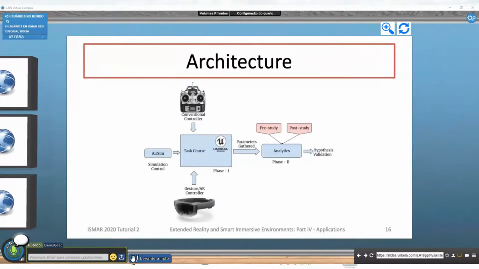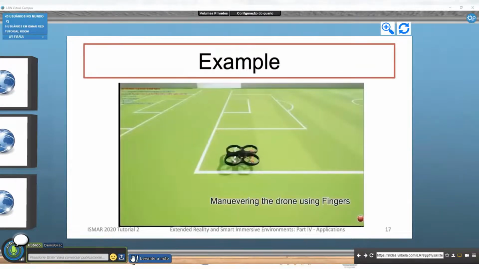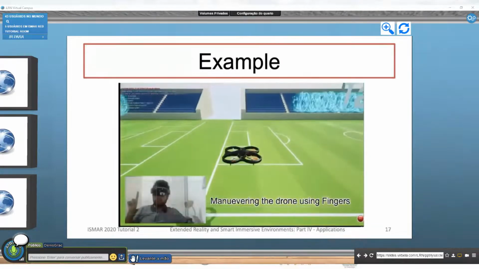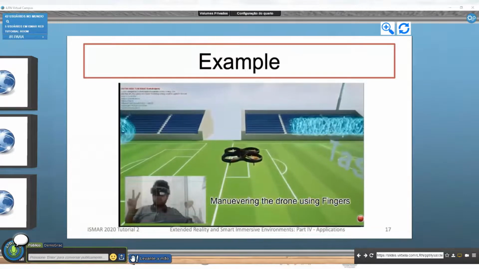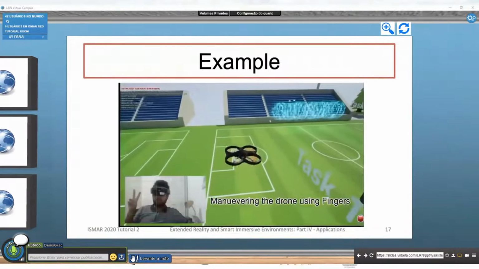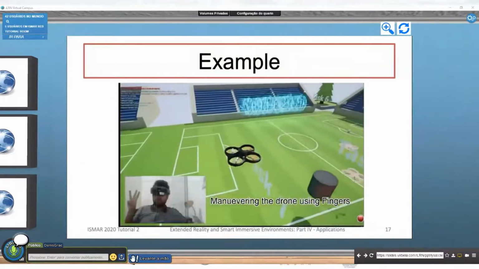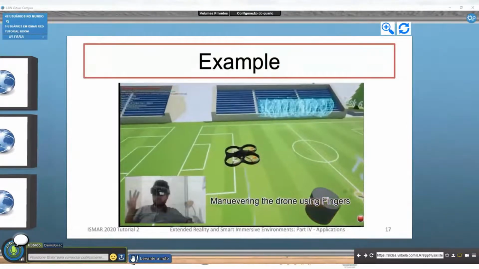To illustrate the basic idea, here is a short video, so we can see simple gestures in terms of fingers, the number of fingers being used to move the drone up, then with 2 fingers move the drone forward, and then with three fingers actually stopping the drone.